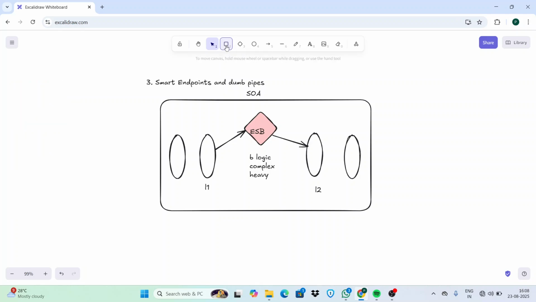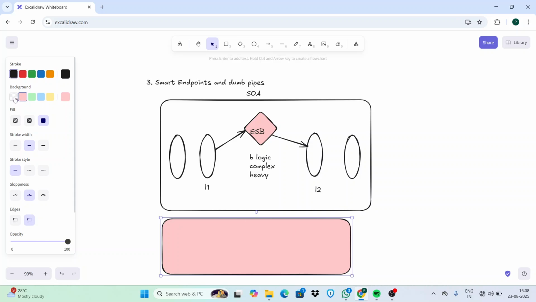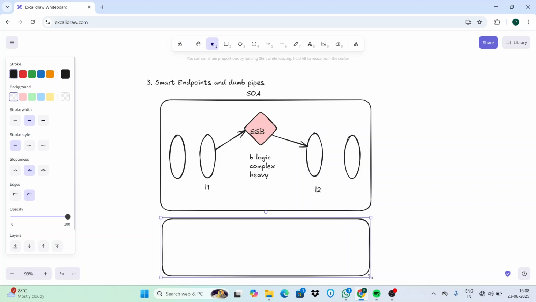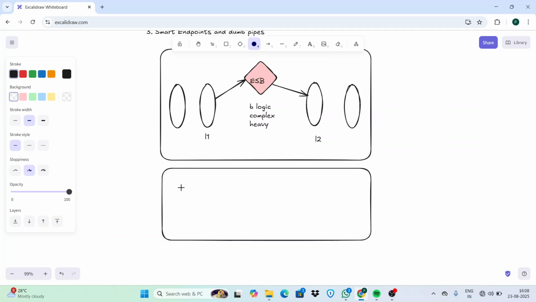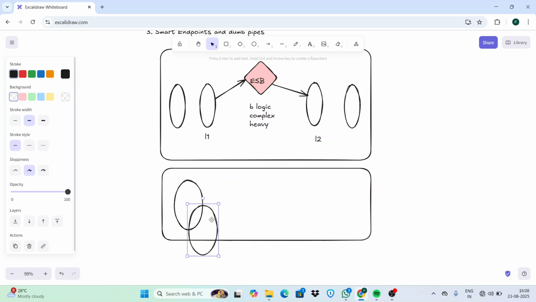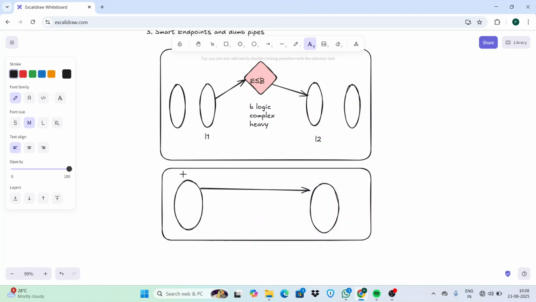So in microservices, the third principle says that, consider this is microservice 1 and this is microservice 2.